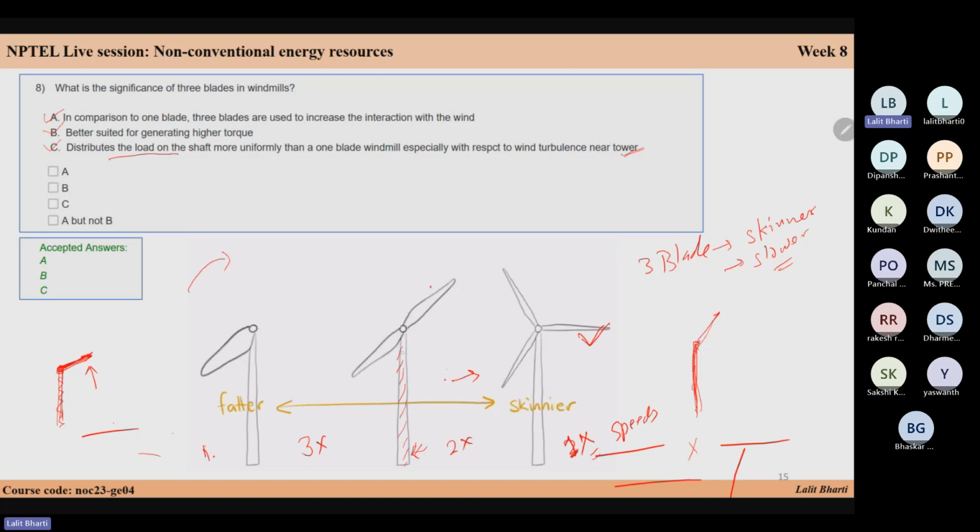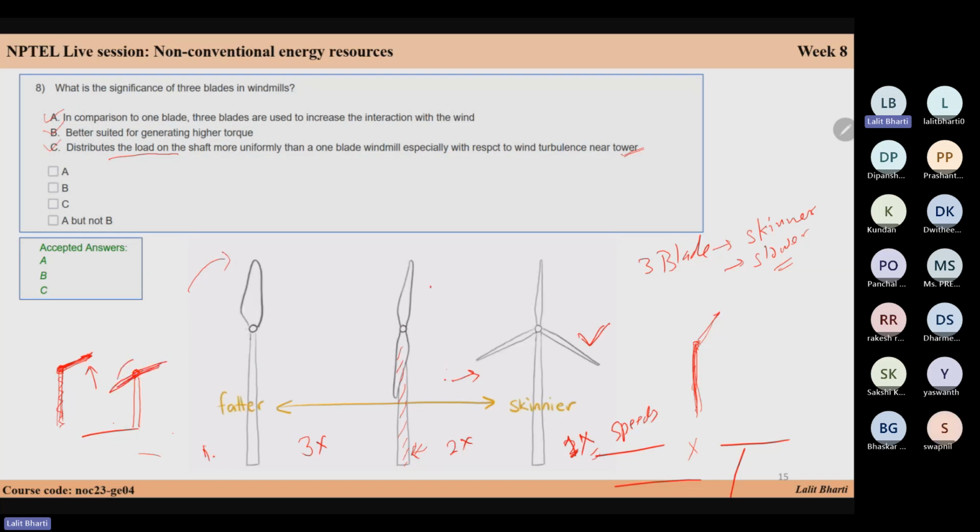And we have also seen that if you have a two blade design, there is a lot of sweep area available which is unavailable to the blades. So what will happen is there will be a very low pressure zone and very high air drag.